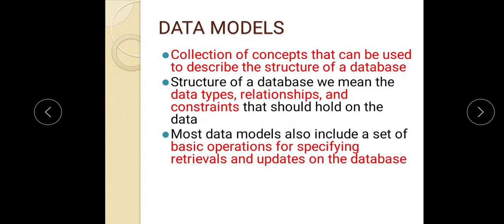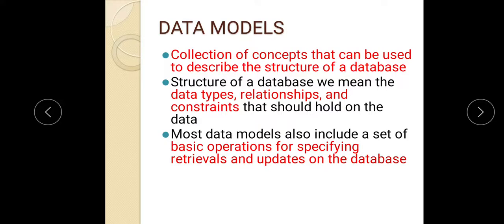So let us see the definition. Data models are a collection of concepts or conceptual tools. You can also write concepts or tools that can be used to describe the structure of a database. It is a tool, a concept, or a representation that can be used to describe the structure of the database.